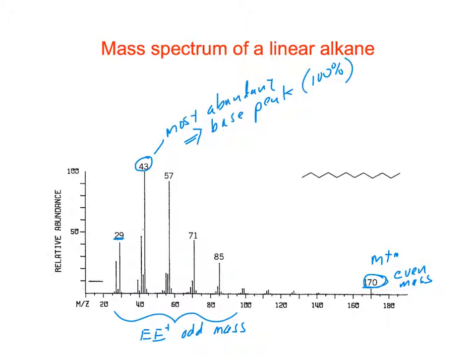What else about a pattern? You don't see anything above 85. It's fragmenting, it's not stable, so we mostly see low masses. It's weird that the line pattern isn't the same for all of them.